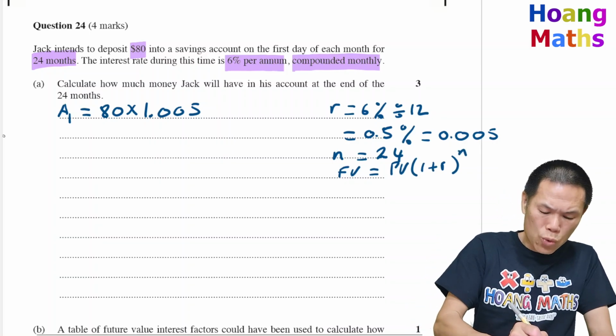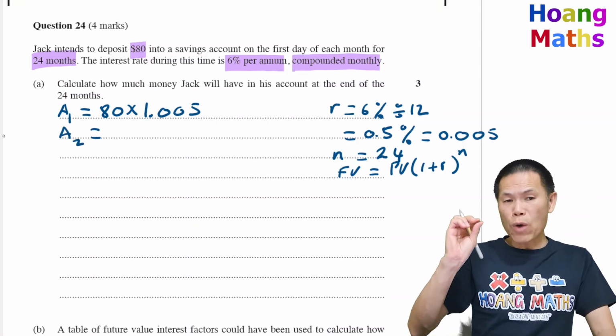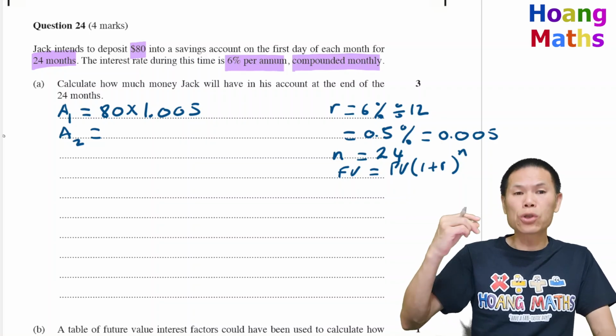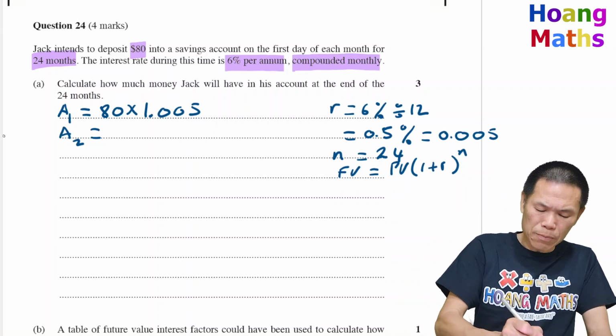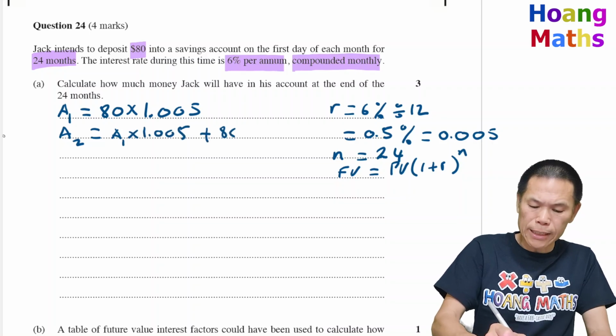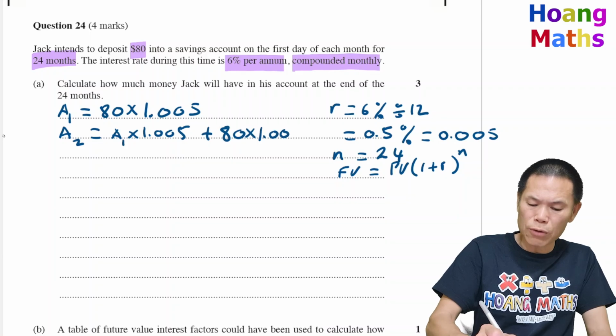And then A2, at the end of the second month, the A1 will get interest as well, plus the second month also gains interest. So the first month, that means A1 times 1.005, and we add IT times 1.005.